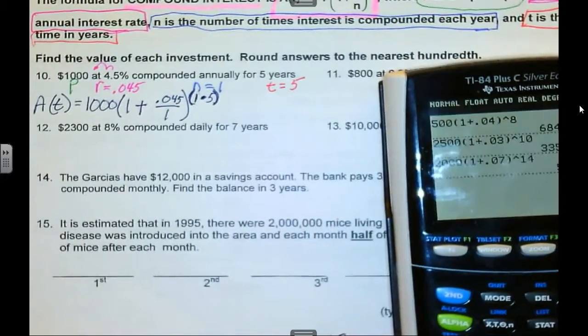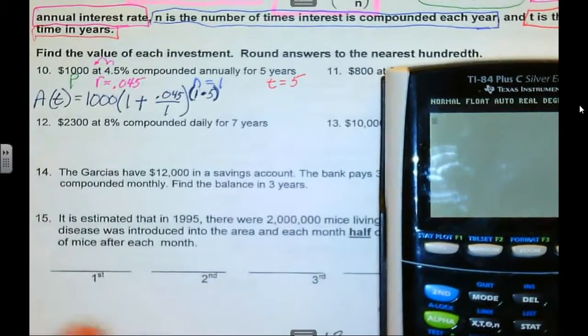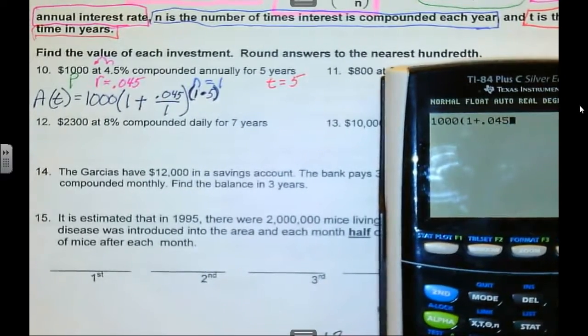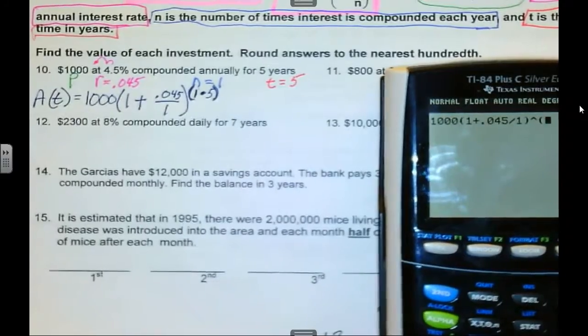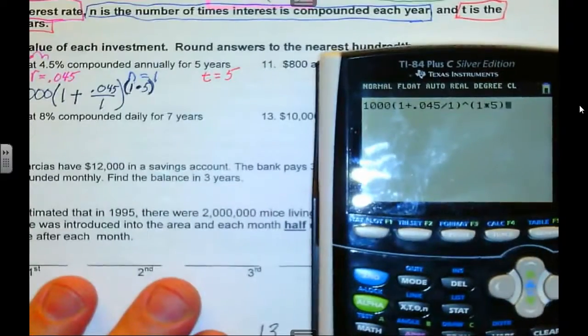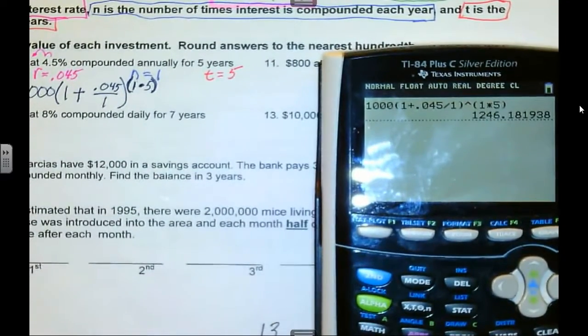So, I have 1,000, parenthesis, 1 plus 0.045 divided by 1, parenthesis, raised. Now this you have to do. You have to put parenthesis 1 times 5. If you don't put that exponent in parentheses, you're going to get the wrong answer. Okay, hit enter, and you should get 1246.18.